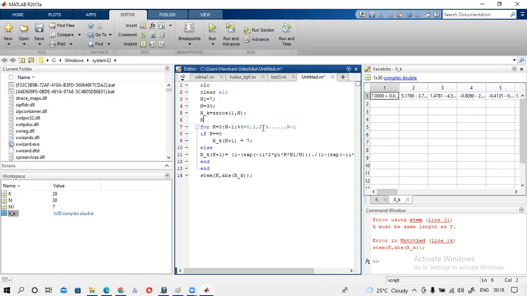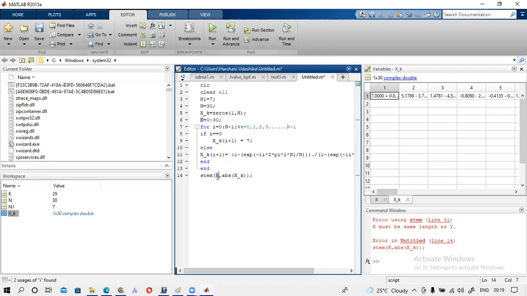I have to assign the k here also. Change this. So I put k. Okay, no, I think it should be okay.